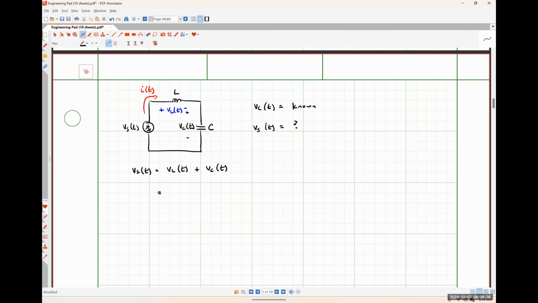L times the derivative of our current, right? So that's L di by dt plus our known capacitor voltage. Now, since we know the voltage drop across our capacitor, can we use that to get the current flowing in the circuit?